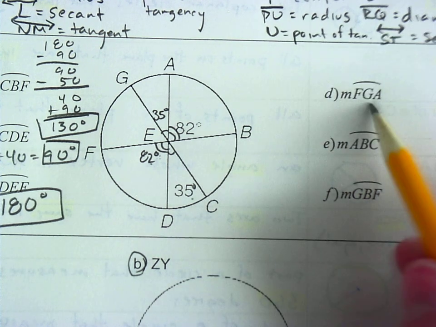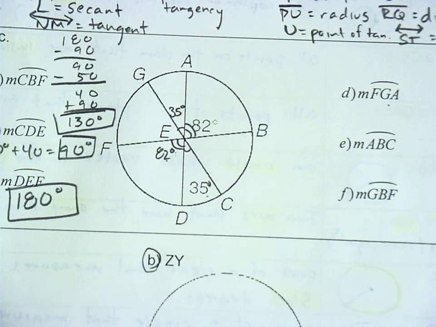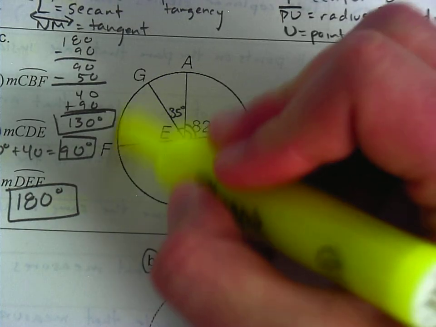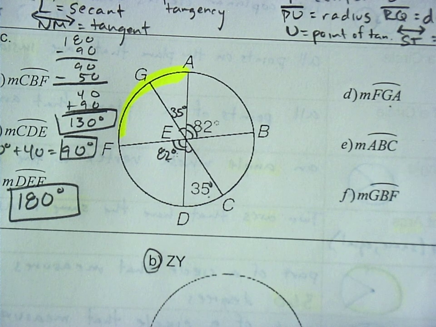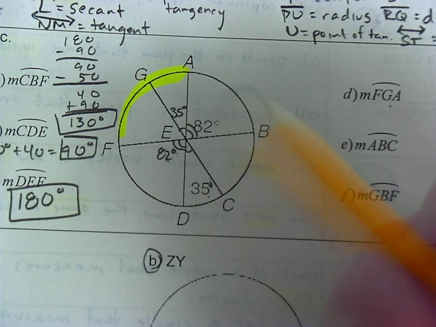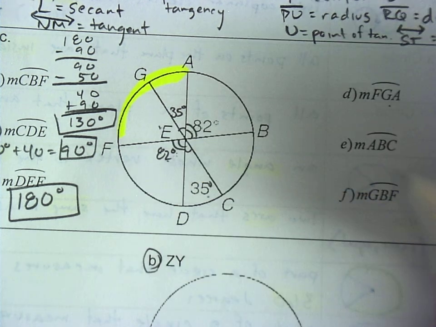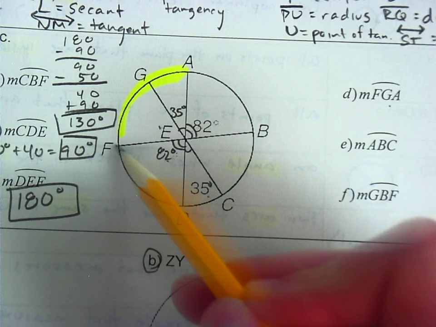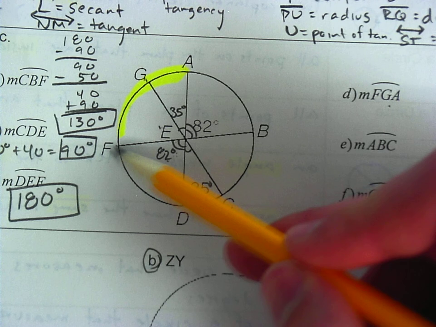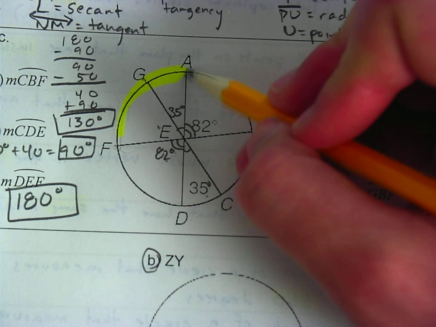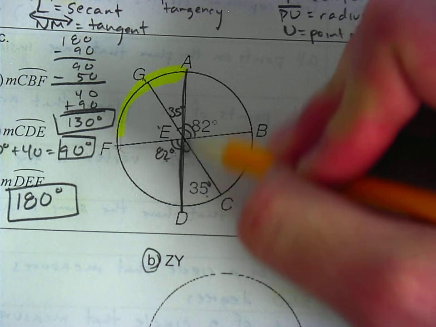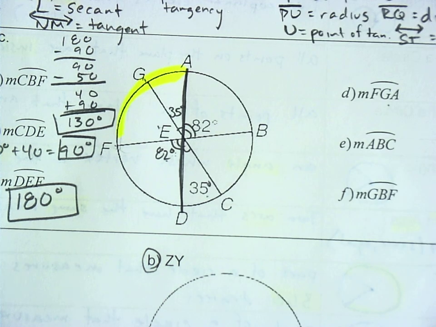Now our first one, they want FGA. FGA is right here in yellow. So to find FGA, we need this piece right here. We need this angle FEG, or we need the arc FG. Well, just like the last one, I see that there's a diameter here, which cuts the circle in half.